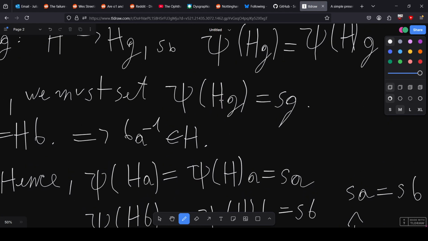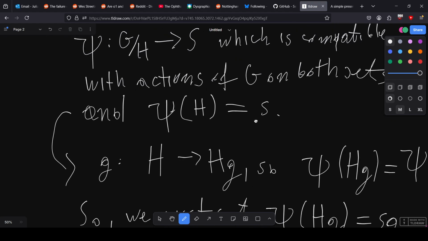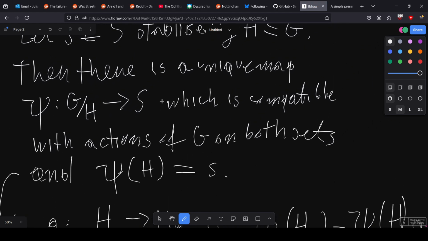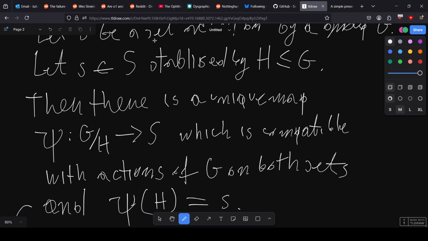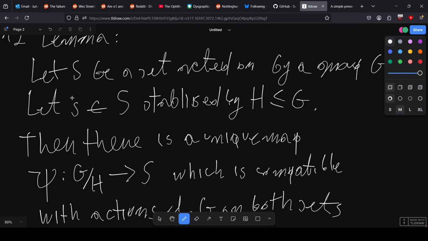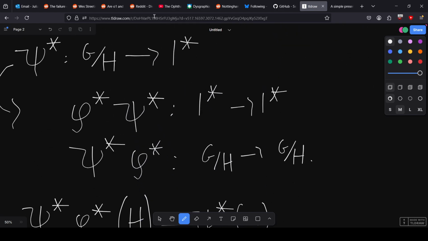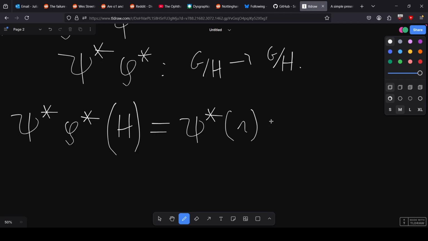But if we construct psi in such a way that the s that we picked over here is 1, well, this is H again.